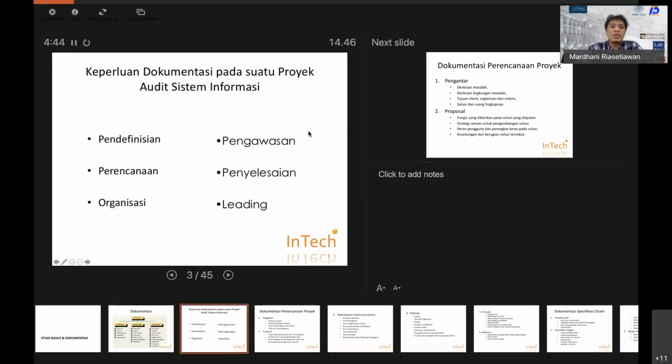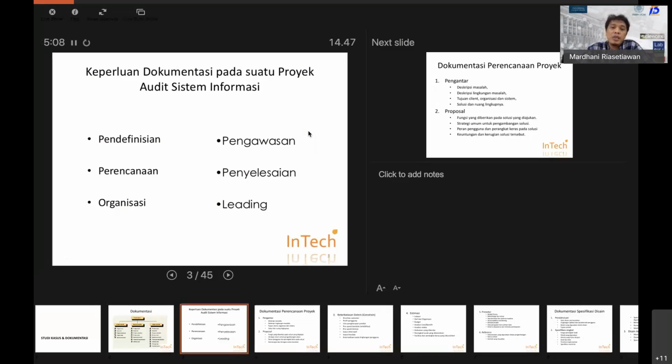For example, sometimes we need to look at a document defining the project scope or information system implementation scope. And then also for planning, for example, for organization or management, for controlling or finishing, and also for leading. So this is very different.